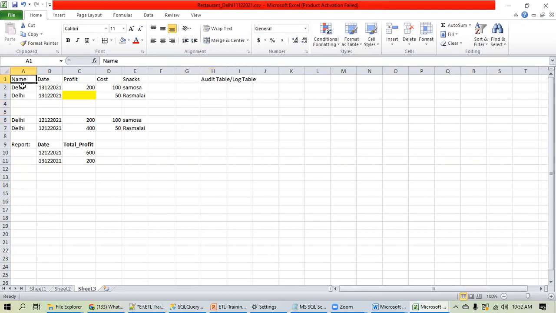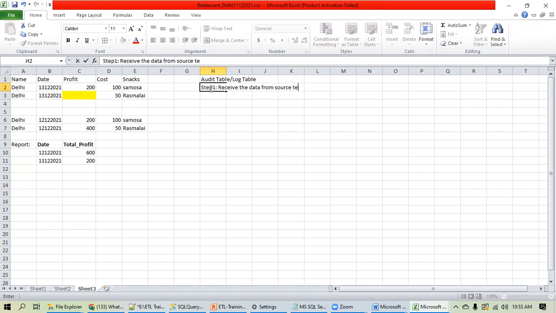Now suppose the source team has sent this data to you. Once the source team has sent this data, what is the next course of action? After that, what will you do? Cleaning. See, step one, receive the data from the source team.